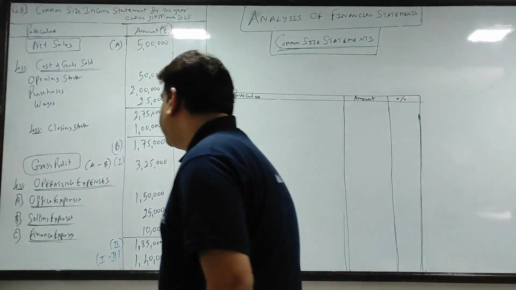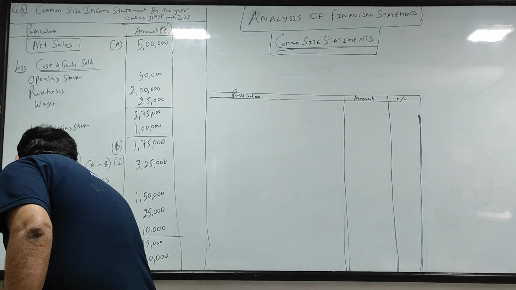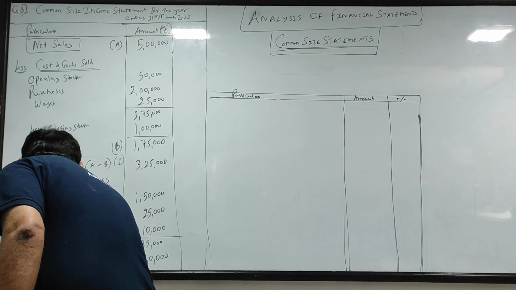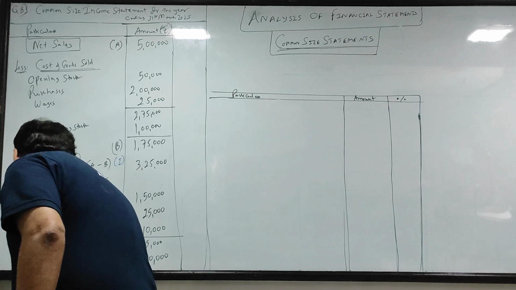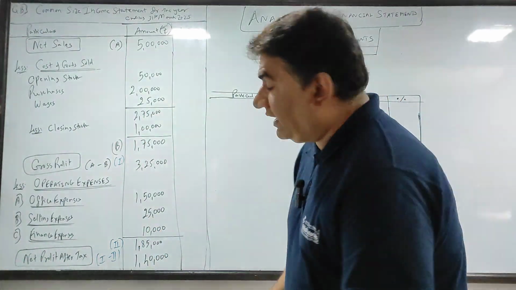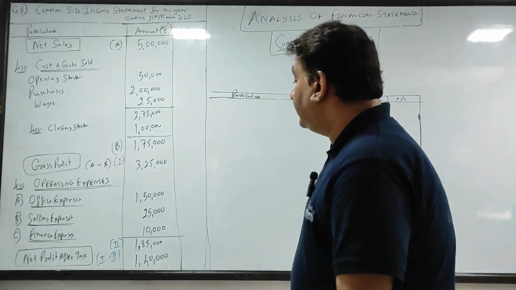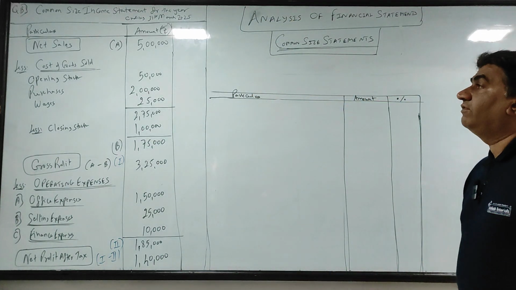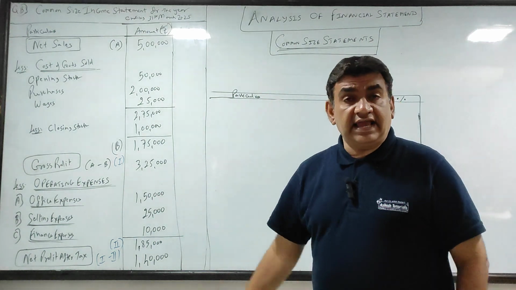This straight away we will call it net profit after tax, 1,40,000.